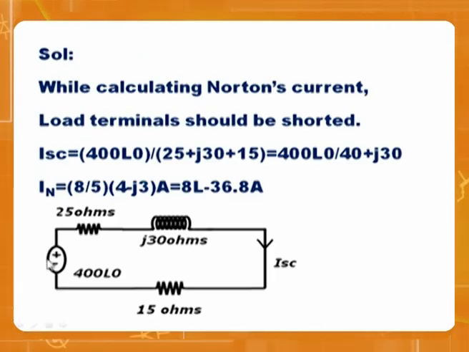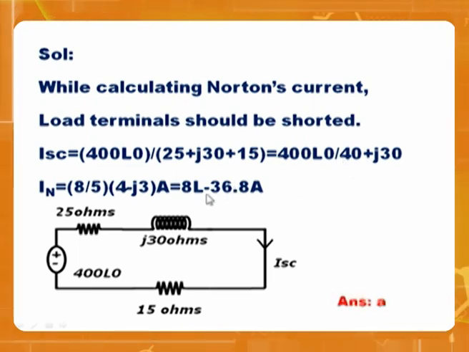Therefore 25 with this, and this is another. So what should be the current altogether? Very simple, the answer is 400 by 25 plus 15, that means 40 ohms plus J30. So 400 by 40 plus J30 is the answer. And if you do this calculation, you will get this one.